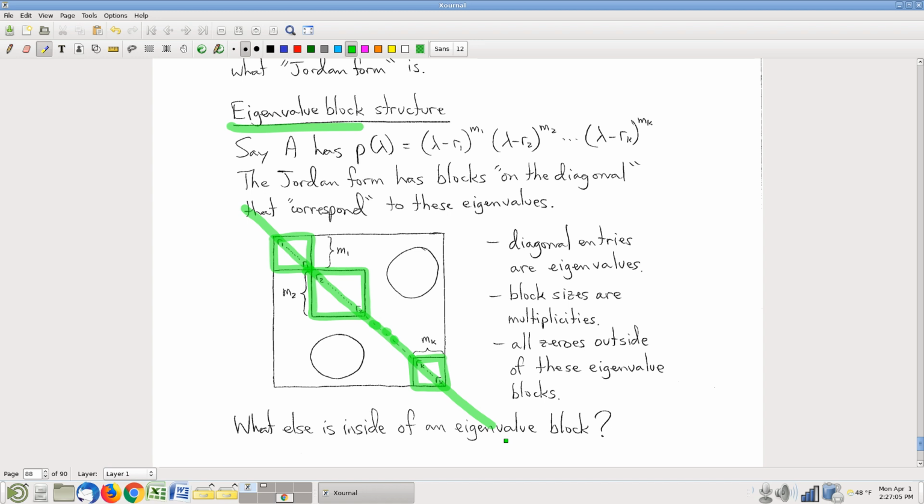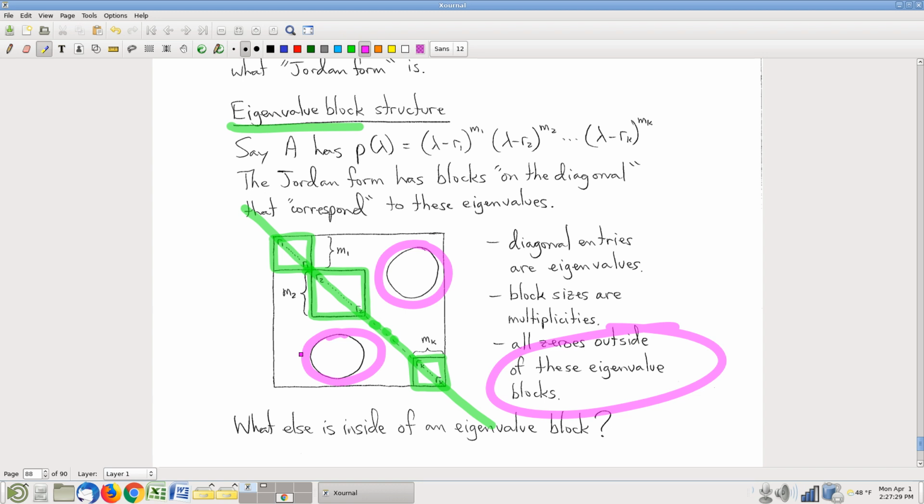When I say there are a bunch of blocks, what I mean is it's all zeros outside of the blocks. That's super news. Zeros are awesome, right? Zeros represent convenience. Okay, so lots of zeros there.